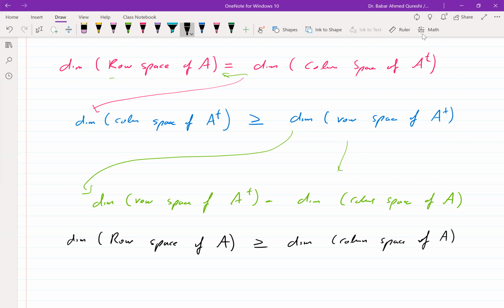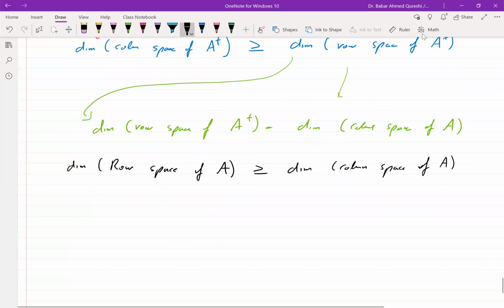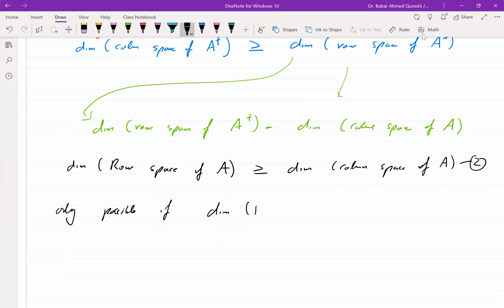Because the dimension of row space of A is bigger than the dimension of row space of A transpose, but the dimension of row space of A transpose is equal to the dimension of column space of A. So this is 2. And 1 said the opposite: the dimension of column space of A is bigger than or equal to the dimension of row space of A. So this is only possible if the dimension of row space is the same as the dimension of column space.